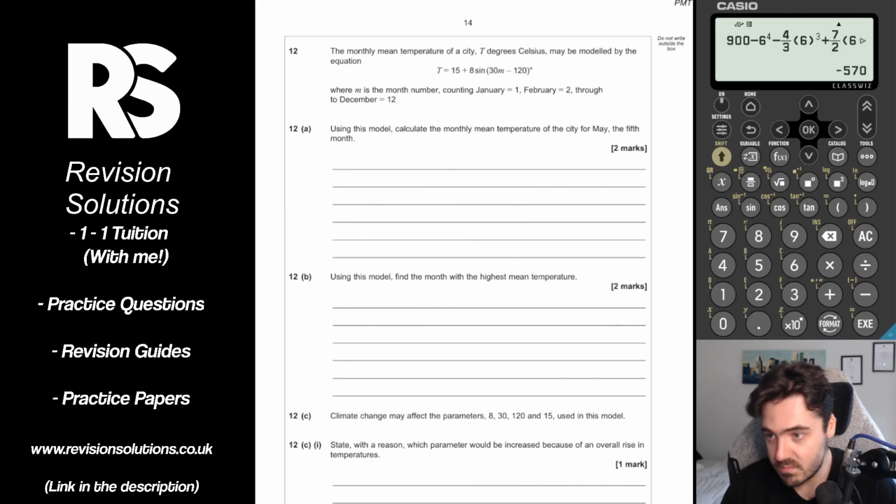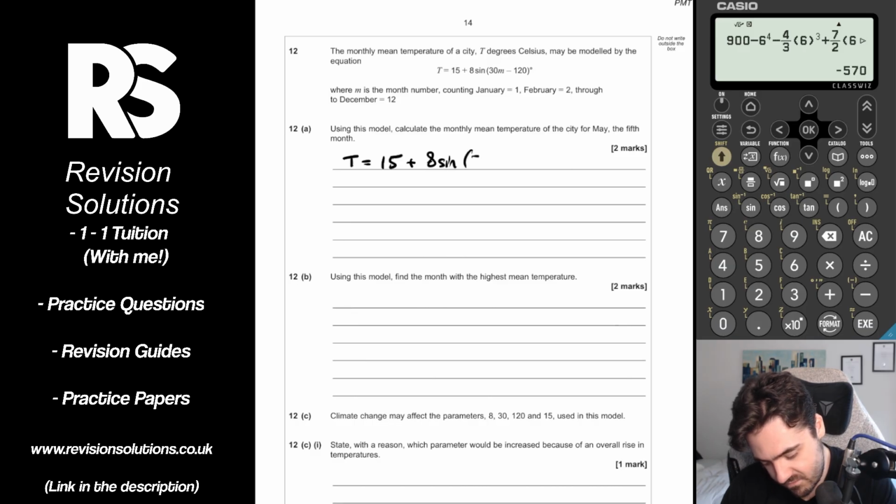So it's just when you sub in m equals 5, right? So that would be T equals 15 plus 8 sine of 30 times 5 minus 120.